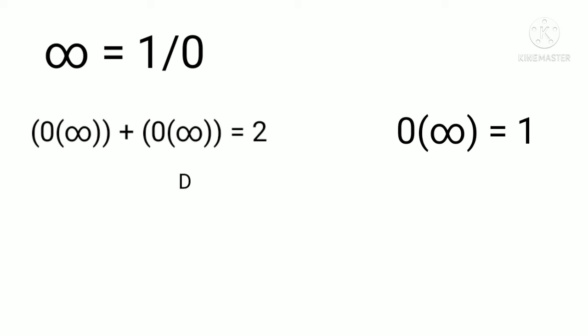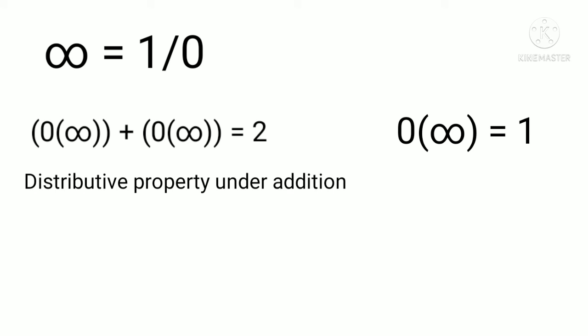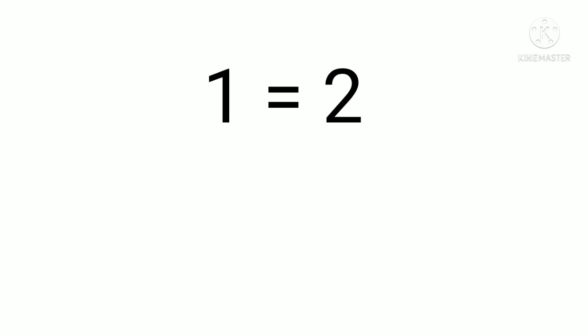Now, by the distributive property under addition, the left side of the equation can be rearranged to 0 plus 0 times infinity. And since 0 plus 0 is definitely 0, that reduces to 0 times infinity. Unfortunately, we have already defined this as equal to 1, while the other side of the equation is still telling us it's equal to 2. So 1 equals 2.